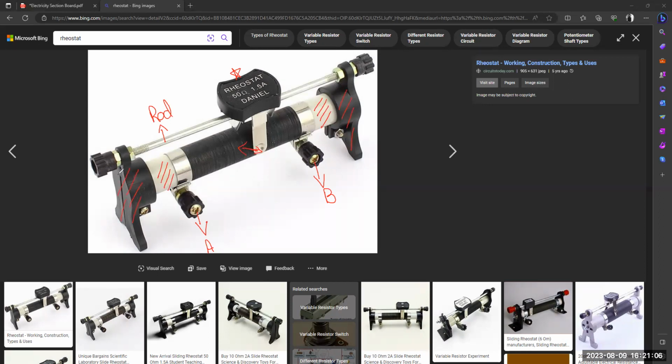So when this slider moves towards the left hand side, the length on the left hand side actually decreases, and the length on the right hand side will automatically increase, right? So it means that we are increasing the resistance for one side and decreasing the resistance for the second side.